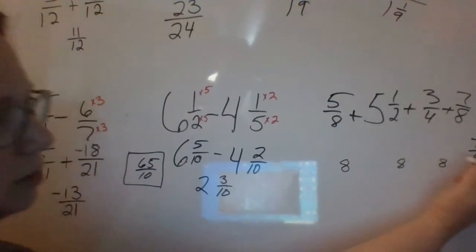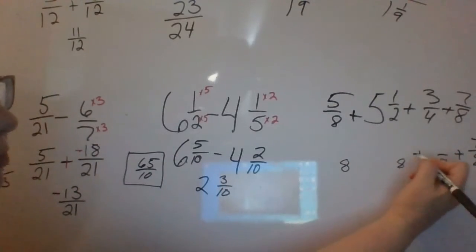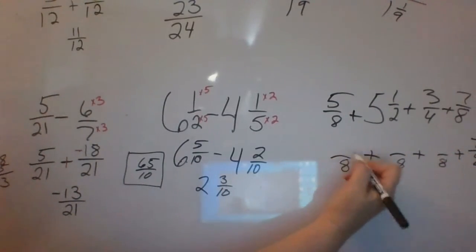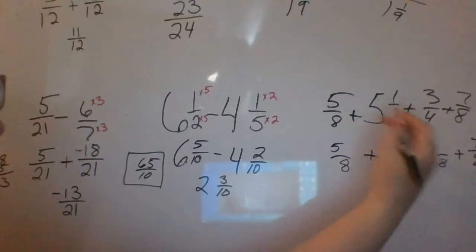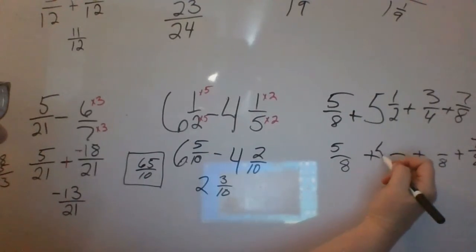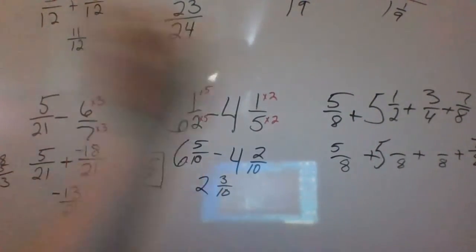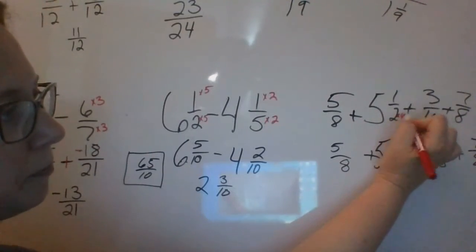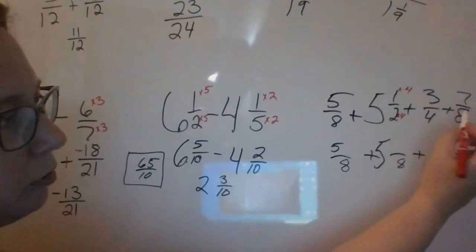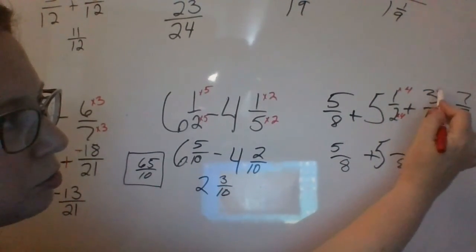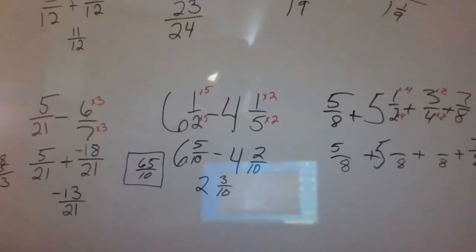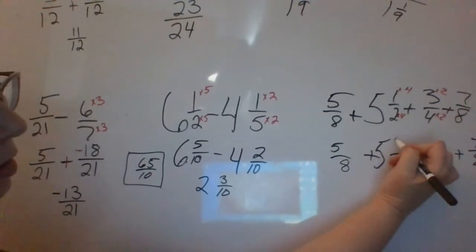Of course, it already was for that one and the first one, so they stay exactly the same. Our whole number just comes down. For our new fraction, there we need to multiply by 4, and over here we need to multiply by 2. So now we can do that multiplication.